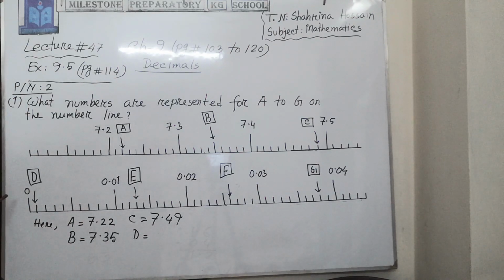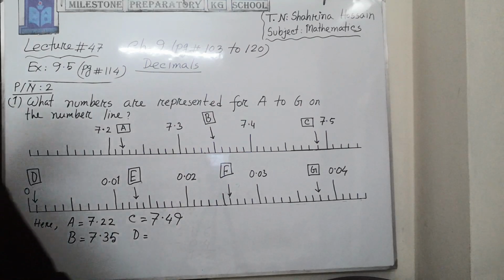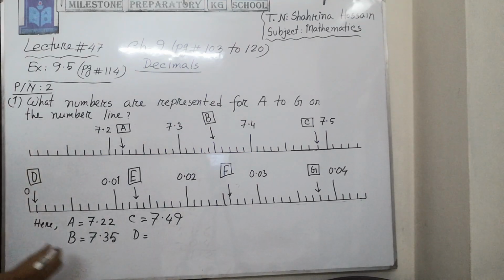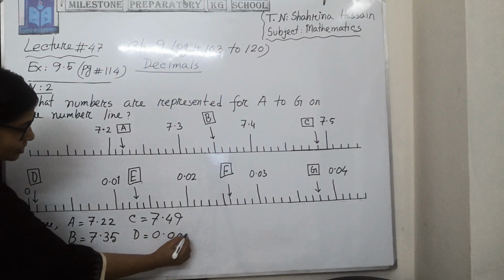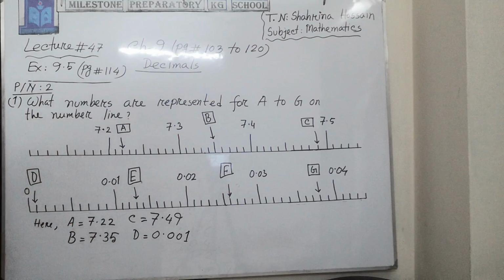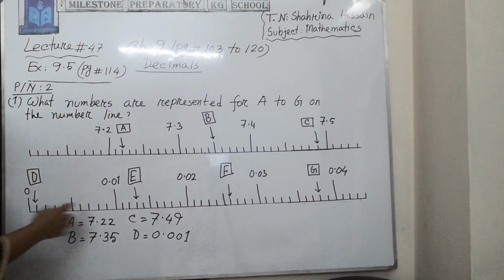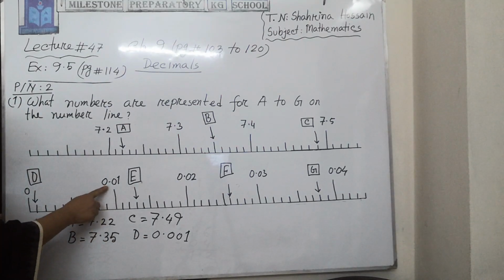Now they started from the second line. First one is 0. That means this position is 0.001. Okay. Now this is 0.01.